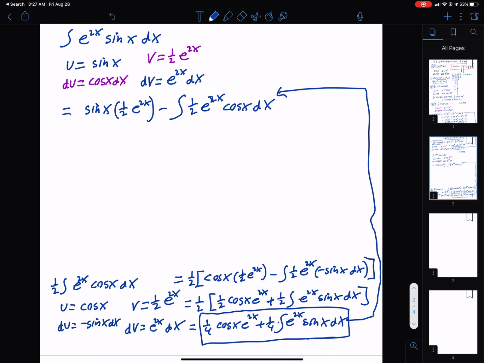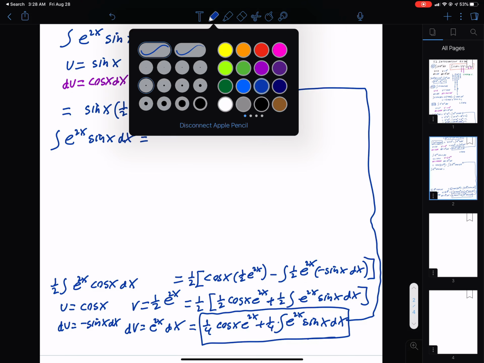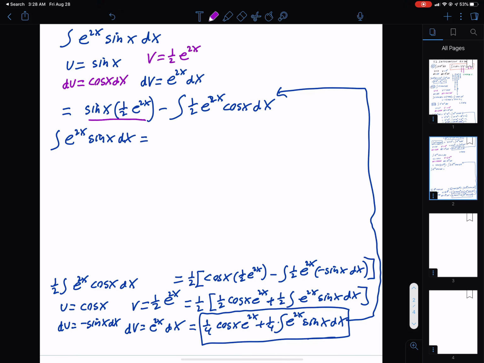So I'm going to start from the beginning. The original problem was e to the 2x sine x dx equals, then I'm going to take this part and write that next. I'm going to put the 1/2 out in front, 1/2 sine x e to the 2x minus, in that whole thing I found down below.